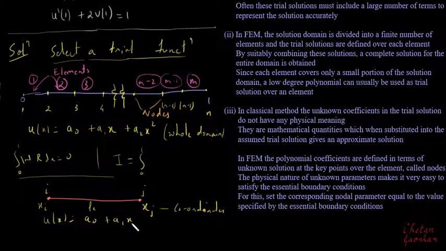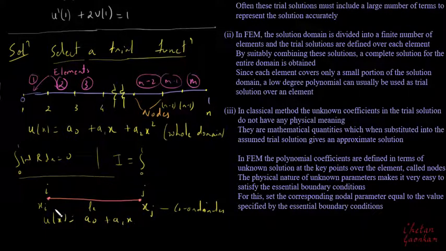But the first difference between the classical approximate method and the finite element method is that in the classical approximate method, the trial function was applicable over the entire domain, but in the case of the finite element method, the trial function is applicable only to each element. And that is why, to improve the approximate solution in the classical method, we usually had to choose a large degree polynomial.